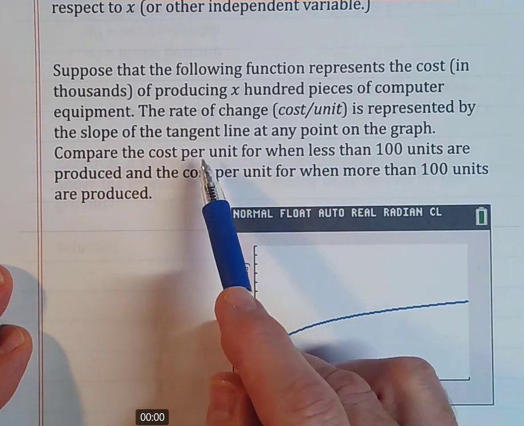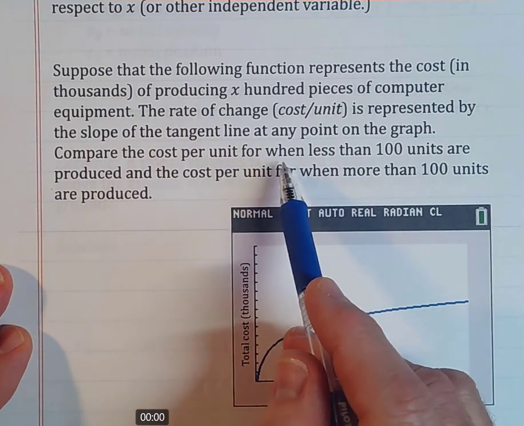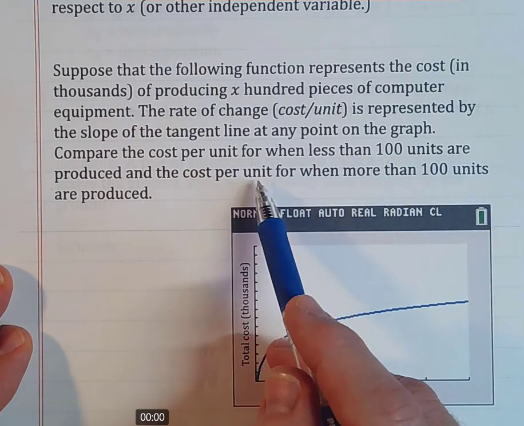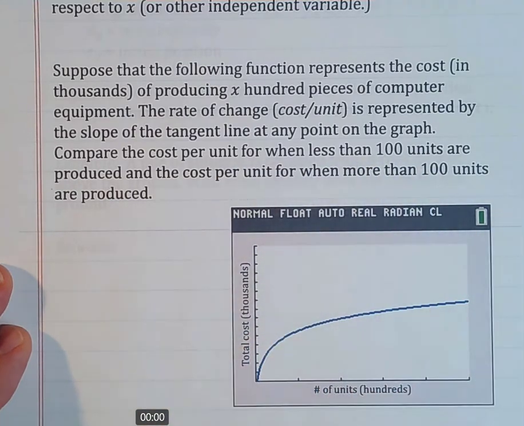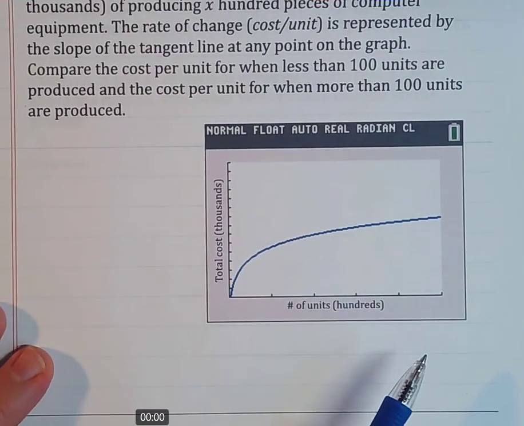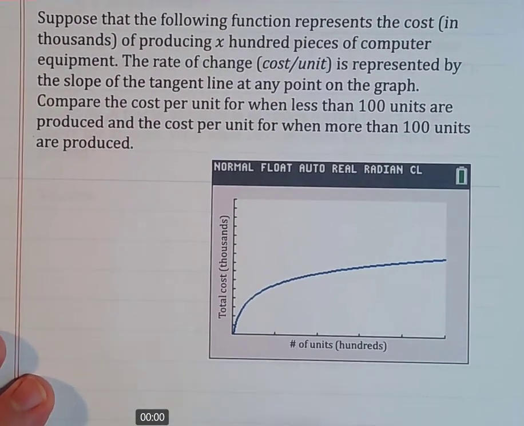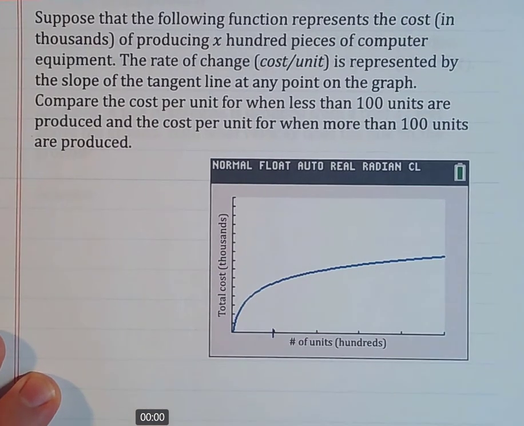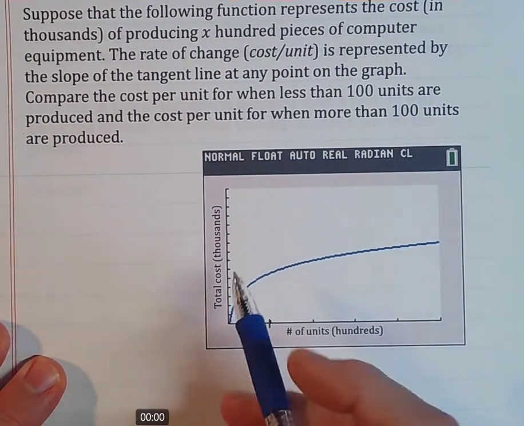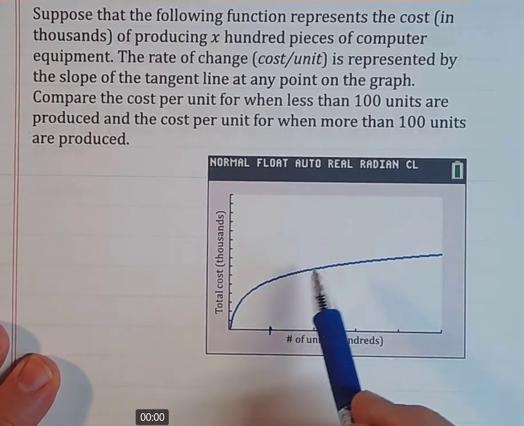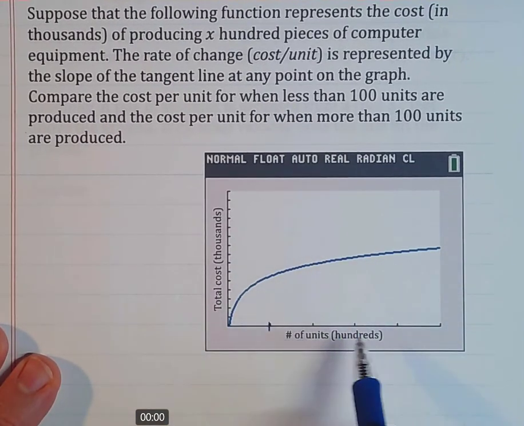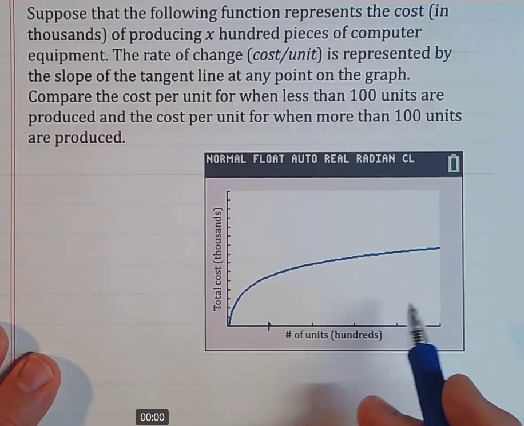I want to compare the cost per unit for when less than 100 units are produced, and the cost per unit for when more than 100 units are produced. Okay, so remember x is in hundreds right here, so this is where 100 units is produced. And so I want to know, well, this is the cost of producing this many units of computer down here.